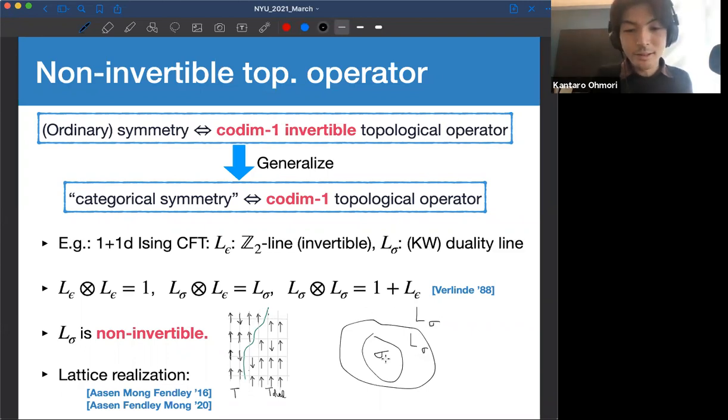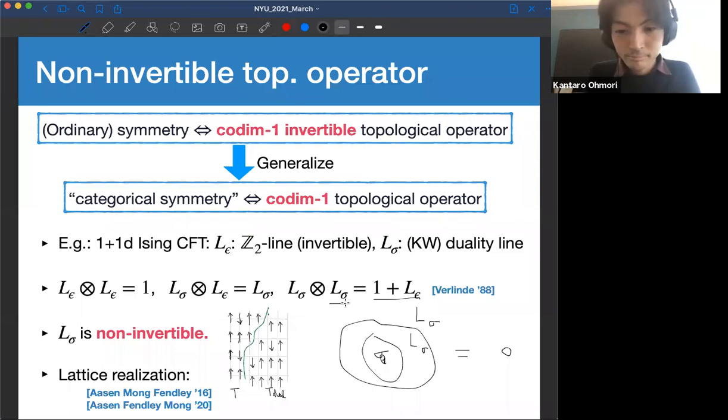So this is like doing the Kramers-Wannier duality twice. However, this is 0. Because if I fuse these Kramers-Wannier duality lines first, then this gives 1 plus the Z2 symmetry line, and 1 plus the Z2 symmetry line projects out this sigma. So there's something close to the inverse operation, but there is an operator that is projected out by that operation.